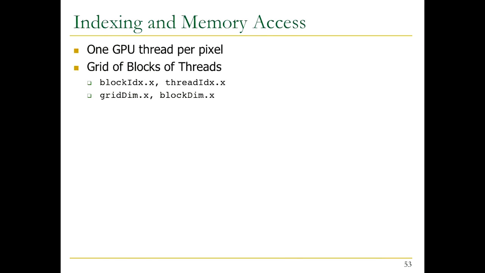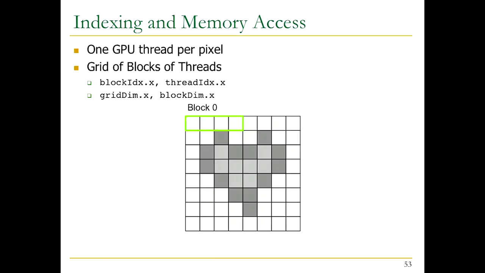In order to index each of the thread blocks, we are going to have one block index. In order to index each of the threads within a thread block, we have one thread index. In principle, in this example, we are going to see a one-dimensional thread block and a one-dimensional grid. You will see next that it's possible to have 2 or 3 dimensions as well.